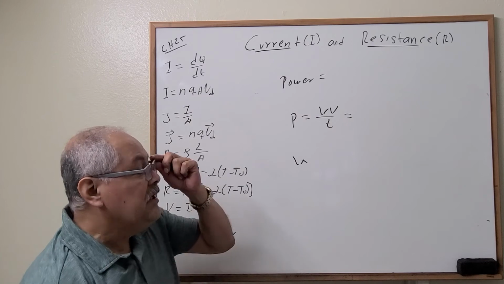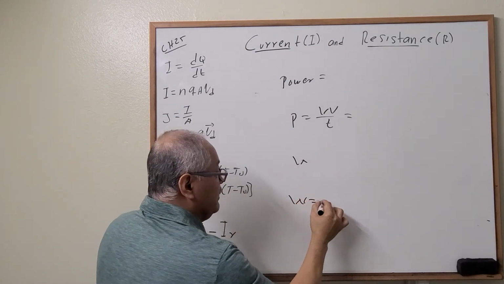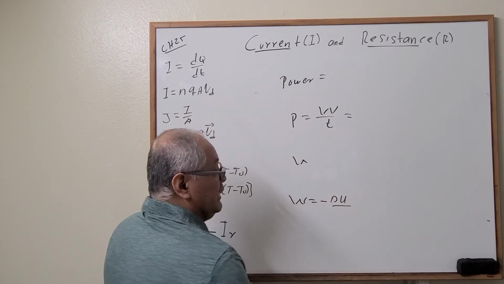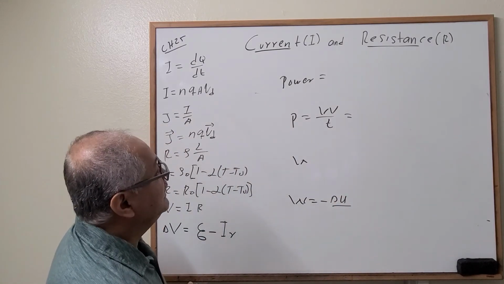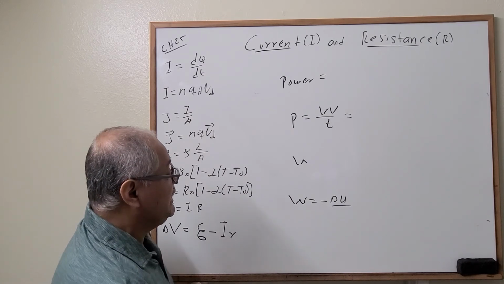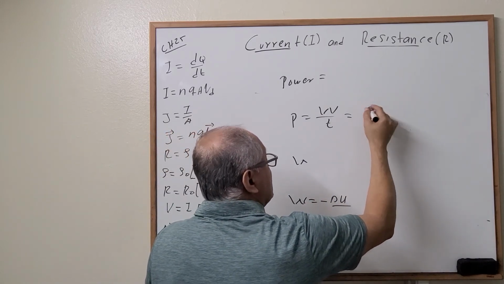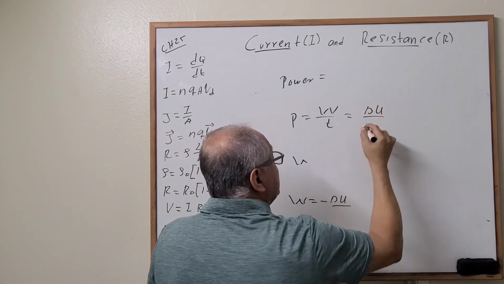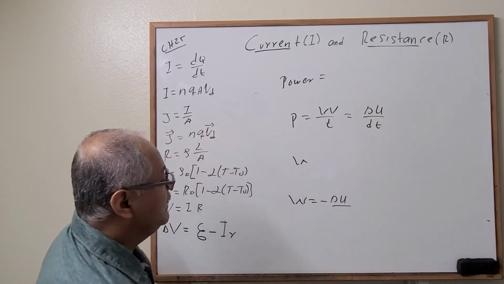Also, if we're dealing with potential energy, we found that work is equal to the negative change in potential energy of the system. So in this case, we can say that this equals the change in potential energy divided by the time. The same ideas.